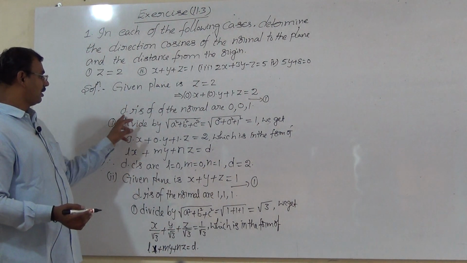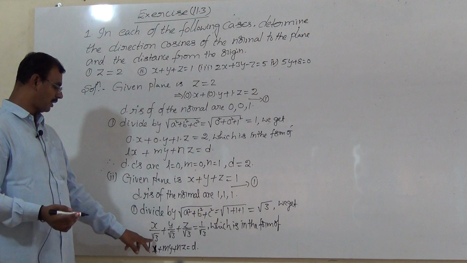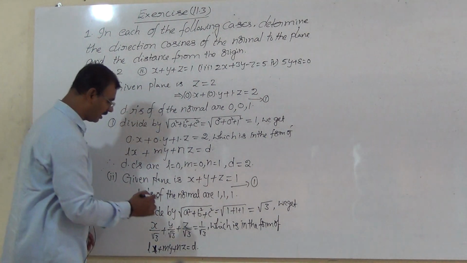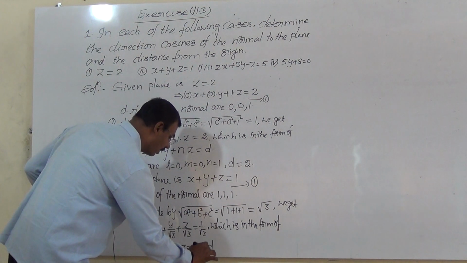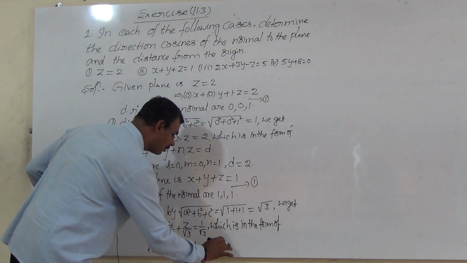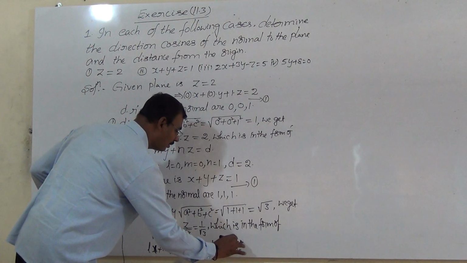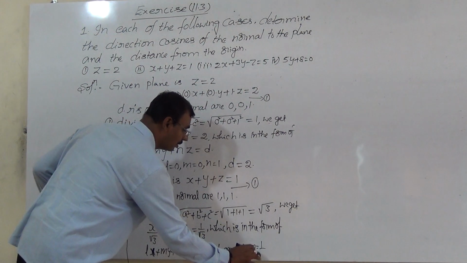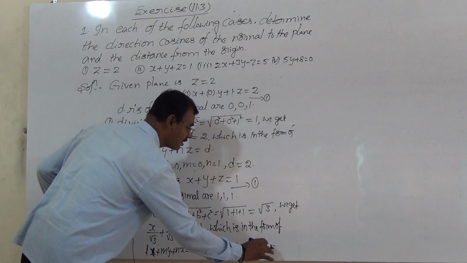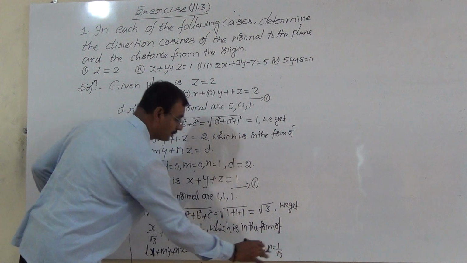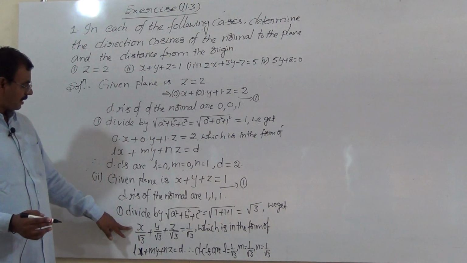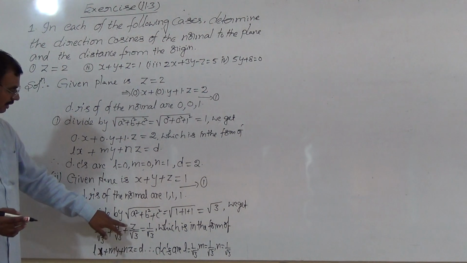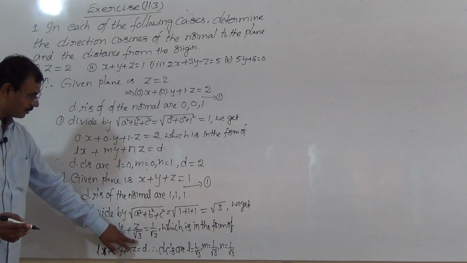What are the direction cosines? 1 by root 3, 1 by root 3, 1 by root 3. Therefore, the direction cosines are l is equal to 1 by root 3, m is equal to 1 by root 3, n is equal to 1 by root 3.